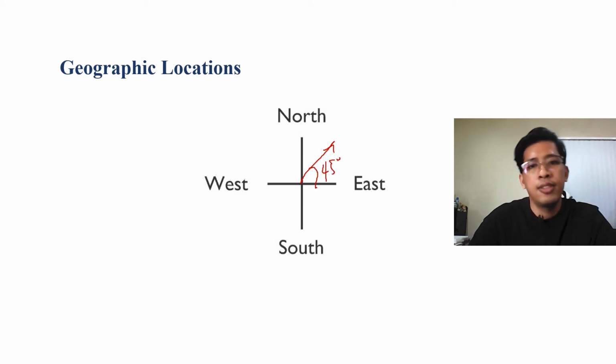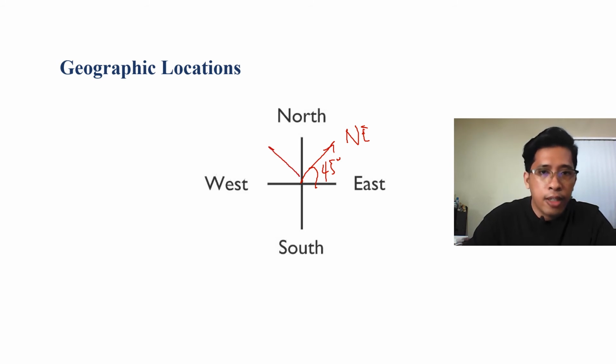45 degrees. If this is at 45 degrees, you simply read this one as your northeast. If you have, on the other hand, here, still at 45 degrees, this is your northwest.